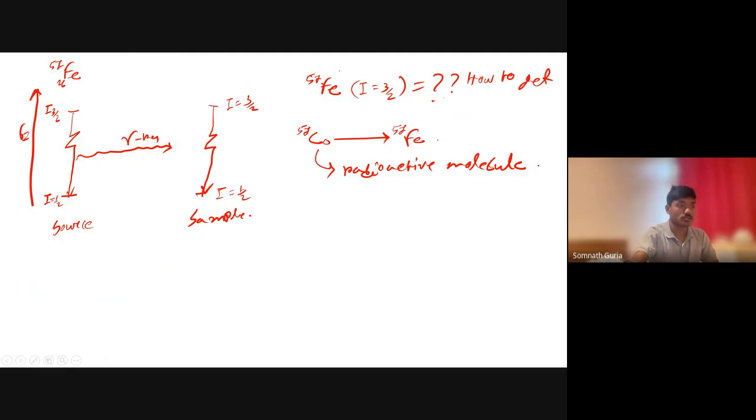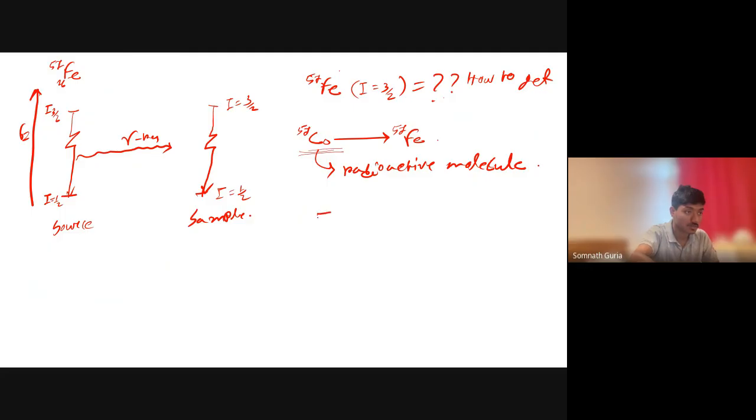And how can we make this cobalt 57? It can be made by the bombardment of deuterium atoms into iron 56.